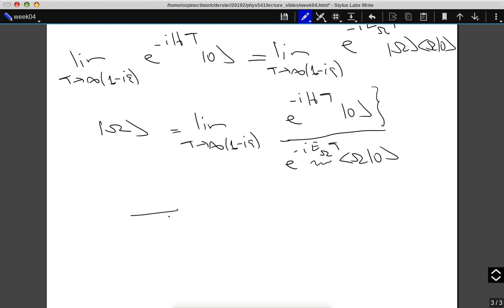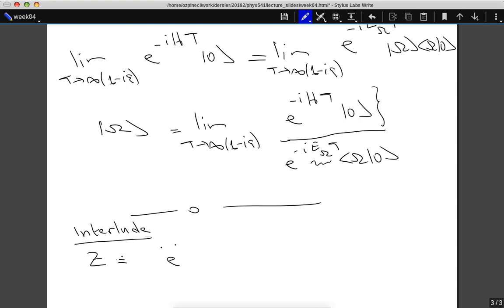Now, this imaginary time trick, let me just give an interlude. This imaginary time trick is quite often used in statistical physics. You see, in statistical physics, what do you want? You want to calculate the partition function for a given system. Do you remember the partition function?